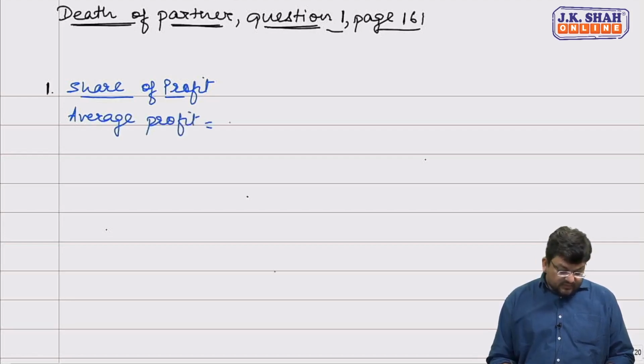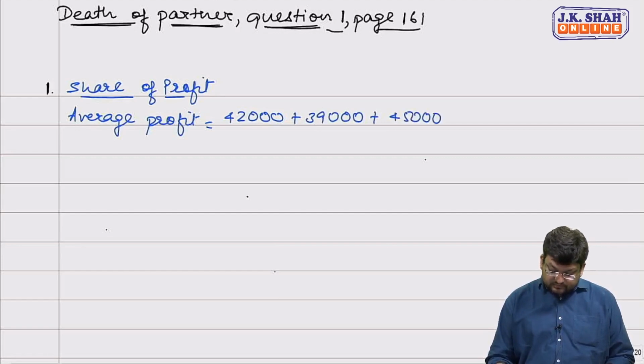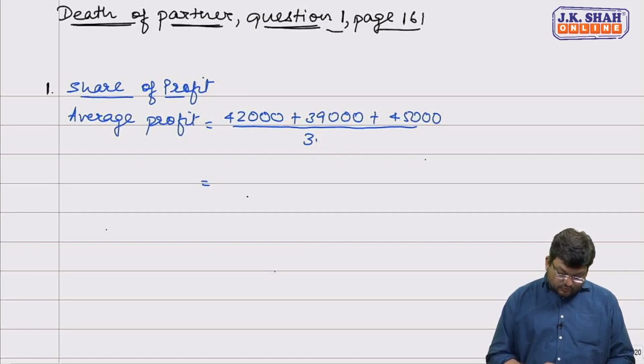We are given profit of the last 3 years as 42,000, 39,000 and 45,000. So average profit comes to 42,000, I suppose.